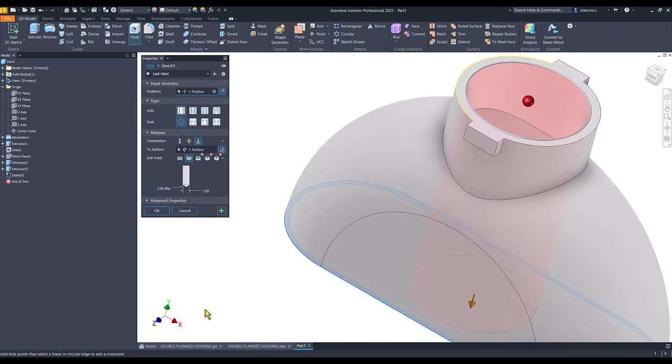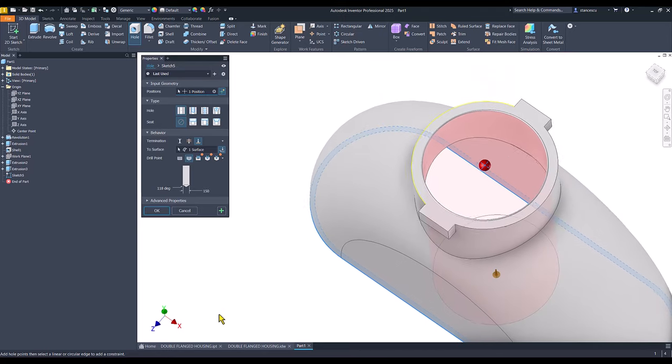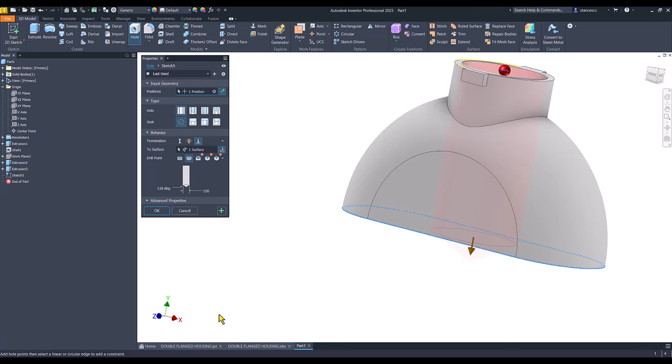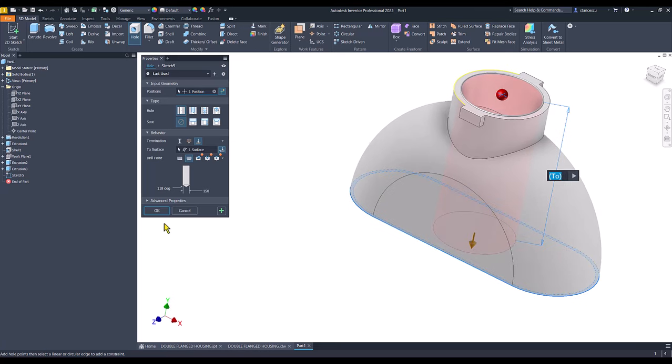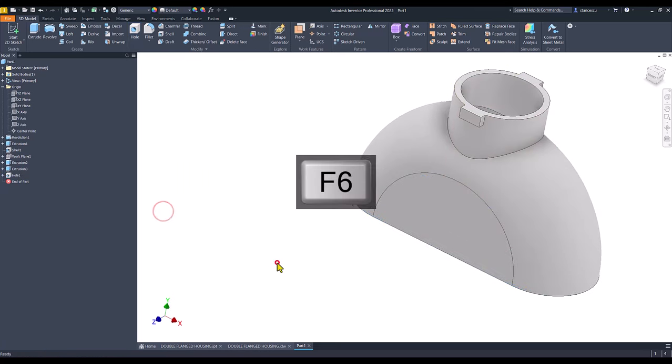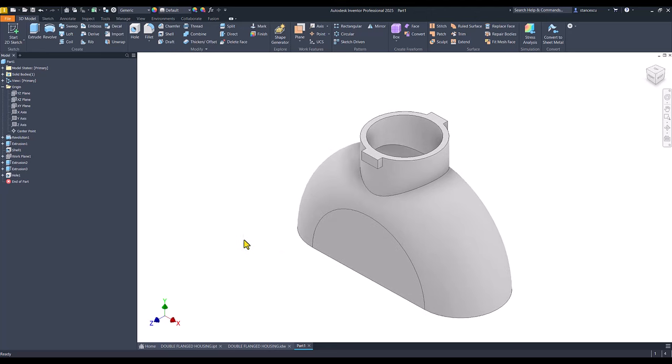We know it is 305. Yes, but I prefer not to add dimensions.